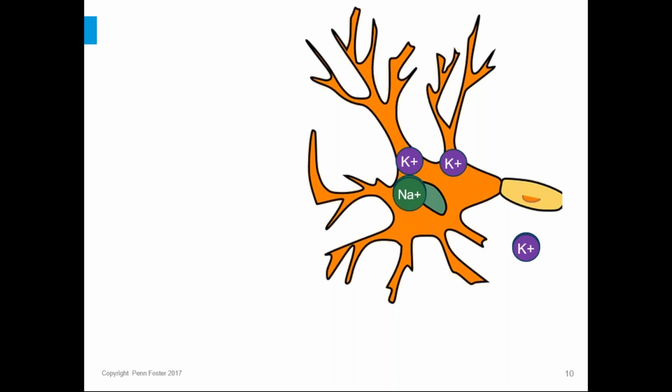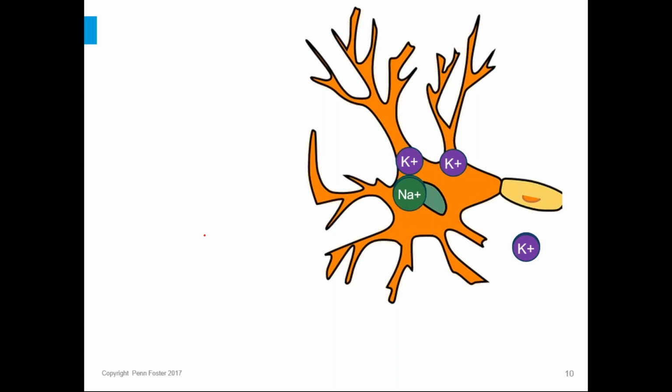So here we're looking at one end of a neuron, and we have two types of ions. These purple ones are potassium ions, and the green ones are sodium ions. So they're two different chemicals, but they're both positively charged.